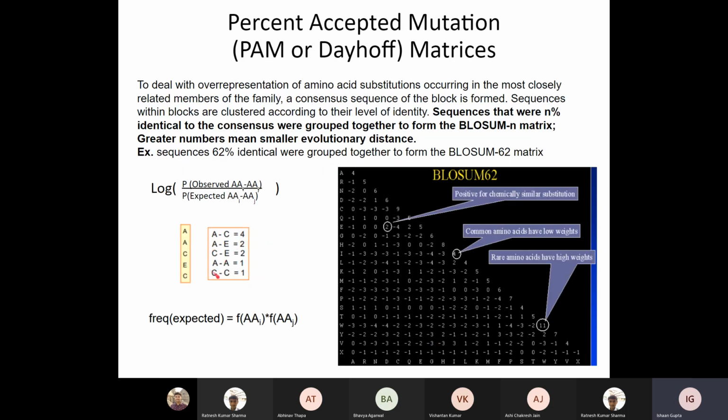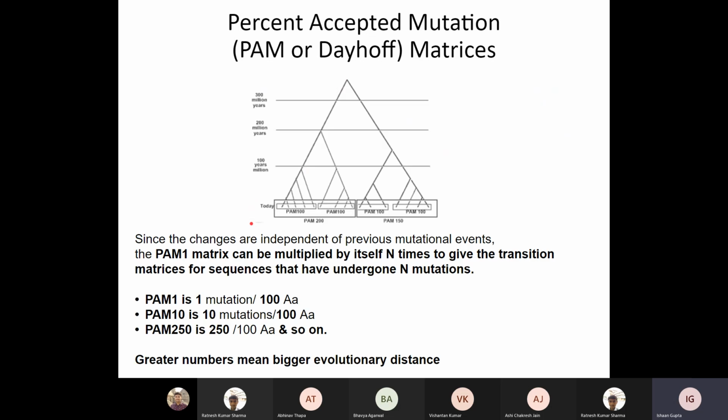I'm just taking the same thing here for the next slide to show you how you would convert this into a BLOSUM kind of matrix. Earlier in the case of PAM, we calculated PAM1 and multiplied it by itself to create PAM10 and PAM250.